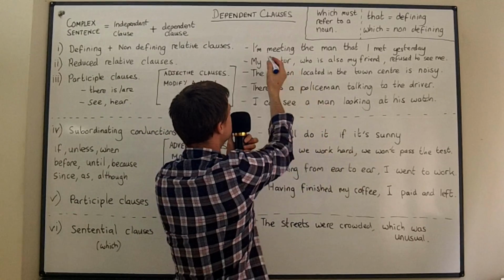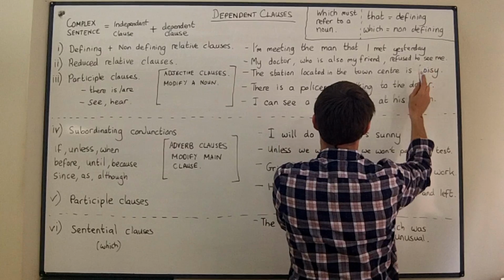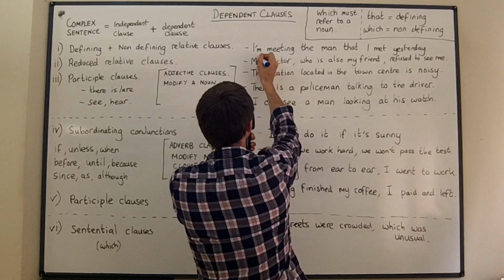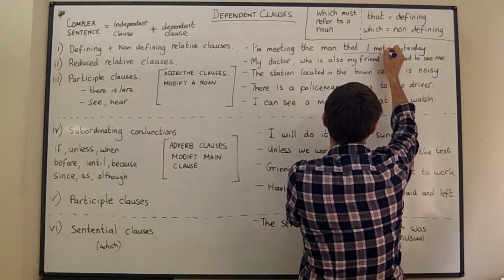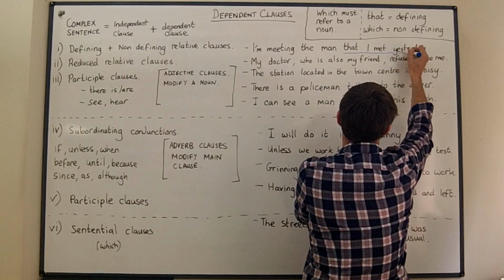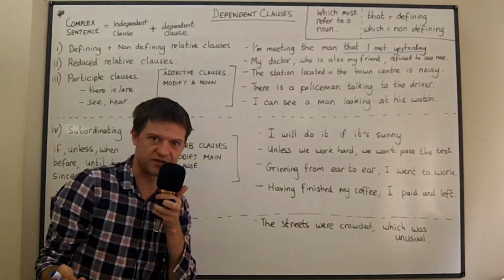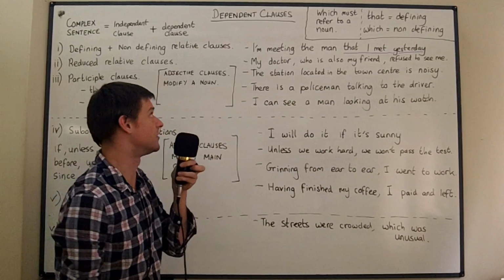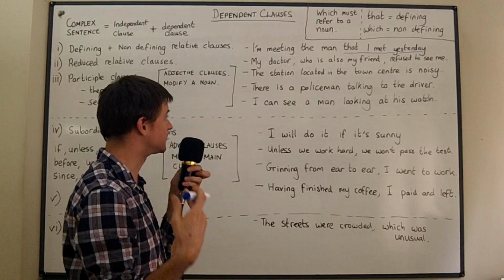So if we look at this first sentence, I'm meeting the man that I met yesterday. I'm meeting the man is the main clause. The subordinate clause, which I will use the blue colour for, is here. That I met yesterday cannot stand on its own. I'm meeting the man can stand on its own. It's got a subject, it's got a verb.